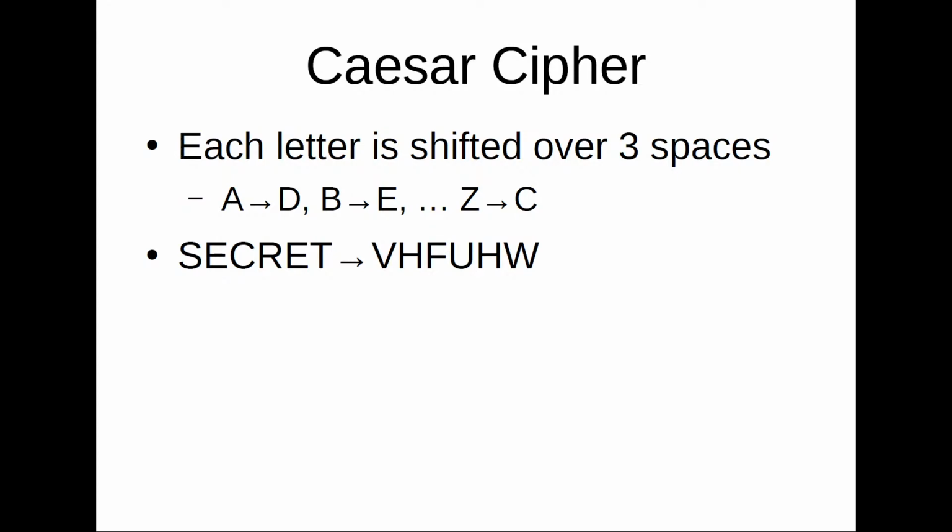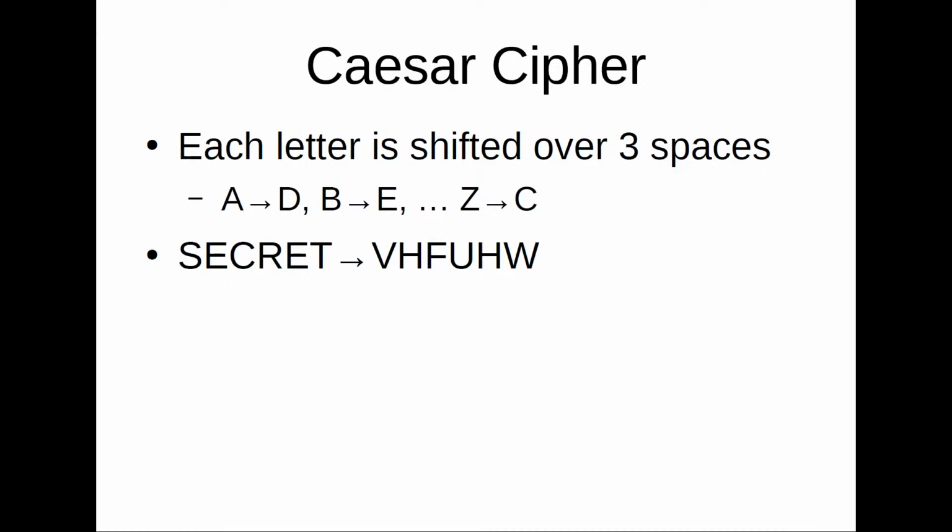Then Caesar cipher is another historic and basic example. It just takes each input letter and shifts it over 3 spaces. So A becomes D, B becomes E, so on and so forth.